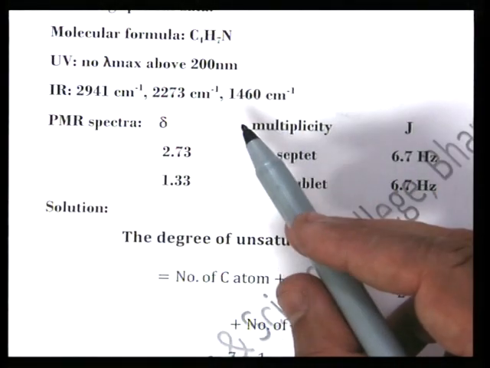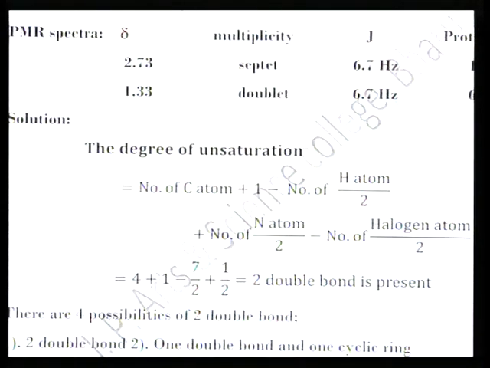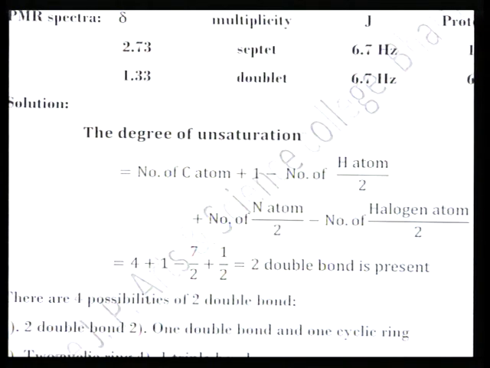Similarly, the other band at 1460 is a bending vibration of the alkyl group. Whatever CH3 or methylene group is present in the compound undergoes bending vibrations. So, these are the IR data.